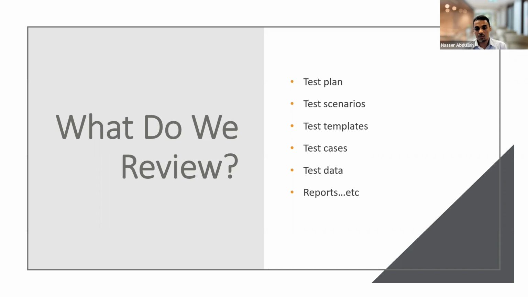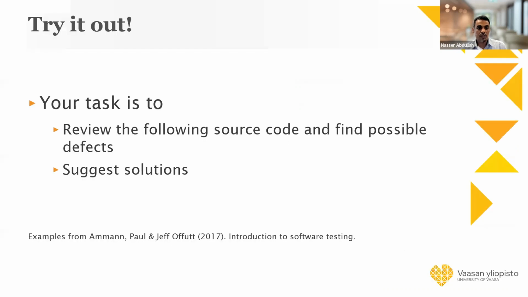Test cases, if you remember, and test conditions. So the condition also can be the scenario itself. Test data, you know what I mean? Test data means the input that should be used for the testing. Also the reports, different types of reports in testing. So these are the types of documents that can be reviewed.